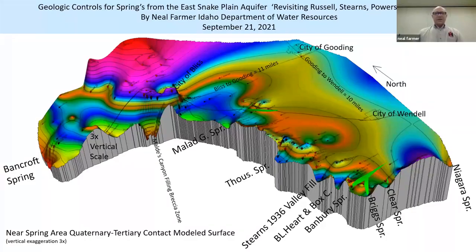I do have a Google Earth file with pins of all these springs. We didn't get that out to everybody prior to the presentation, but I do have, of course, a map. If you do want that Google pin file, let Robert know, and we'll try and get that to you as soon as possible.